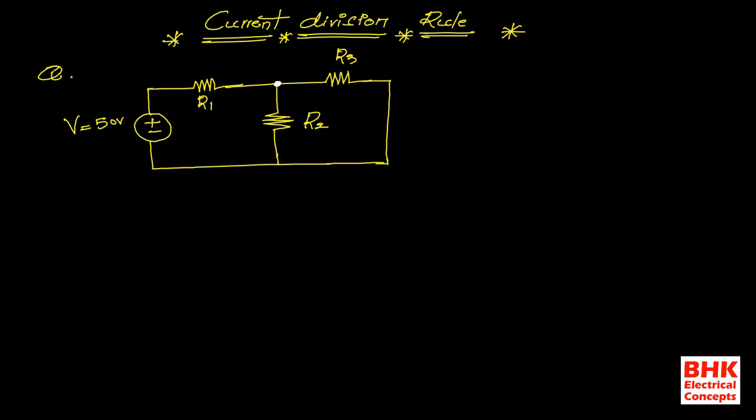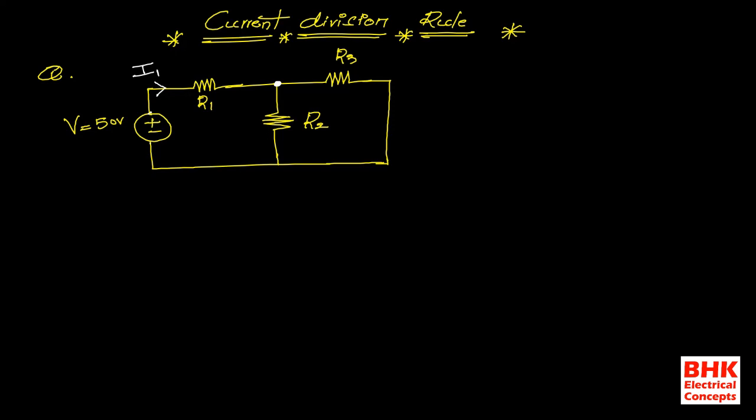Now observe this network. We are applying a voltage V equal to 50 volts, so definitely some amount of current flows through the R1 resistance, starting from one terminal of the source and ending at the other.